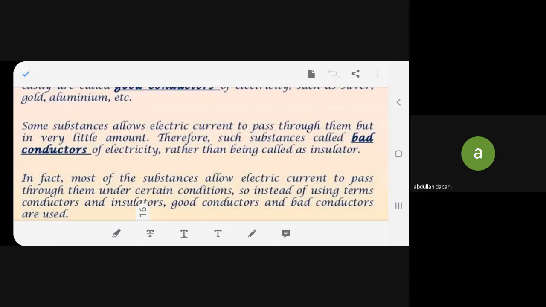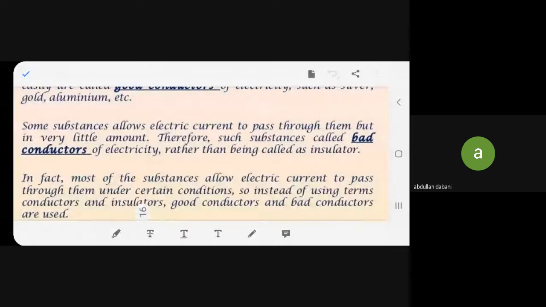And what is a bad conductor? The substance allows electric current to pass through them, no doubt about it, but in very little amount. So the electricity is passing, but in very little amount. Those substances are called bad conductors.